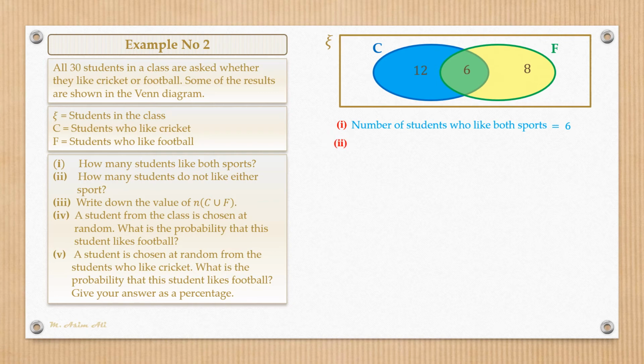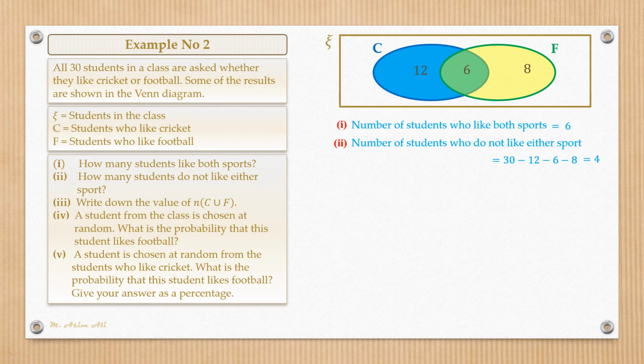In the second part, we have to find how many students do not like either sport. This is not given in the Venn diagram, but we can find them. How? Because we know the total number of students, and from the total we subtract the number of students given in the various parts of C and F. So from 30 we will subtract 12, 6 and 8 to get the number of students who do not like cricket or football.